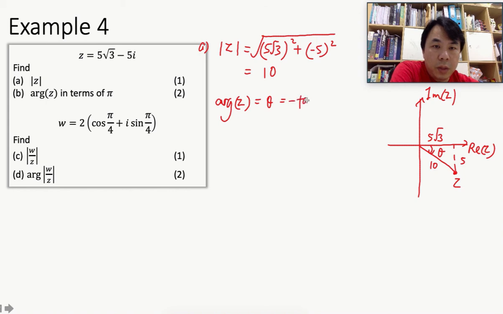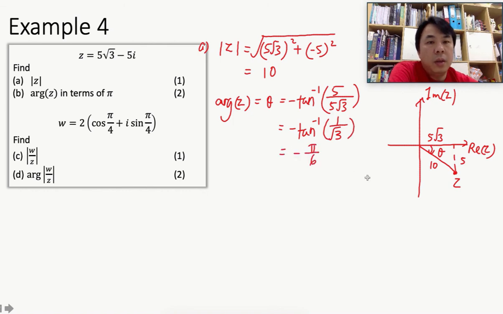So I will just write down negative arctangent, so arctangent 5 over 5 root 3. And then that would give me 1 over root 3, which is basically 30 degrees. Okay, and then there you have it. That's the argument. And then we are done.